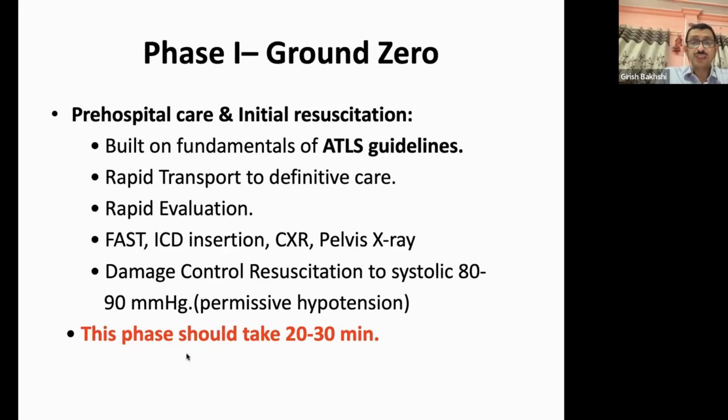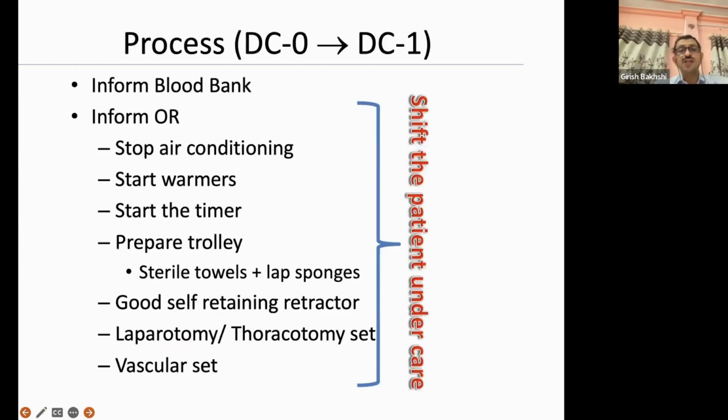Now, damage control resuscitation is basically to keep the patient having a systolic BP of 80 to 90 millimeters of mercury. This phase should take only 20 to 30 minutes because you have to take the patient immediately to the OR. Now, there is a good system abroad, which I think in India also we should be implementing: once such a patient is coming, the hospital authorities are already informed.